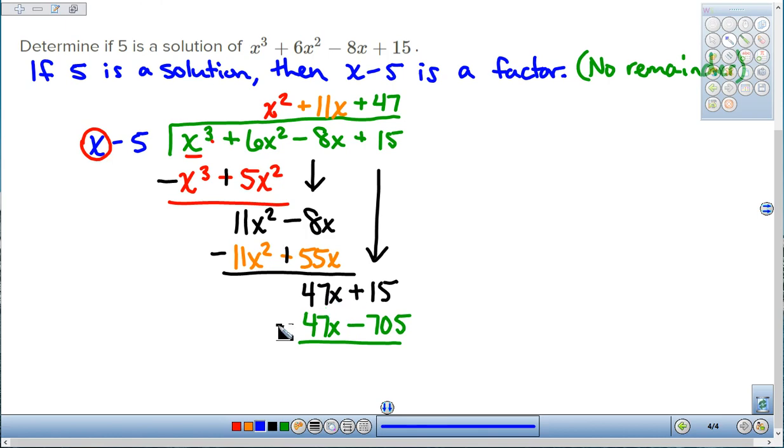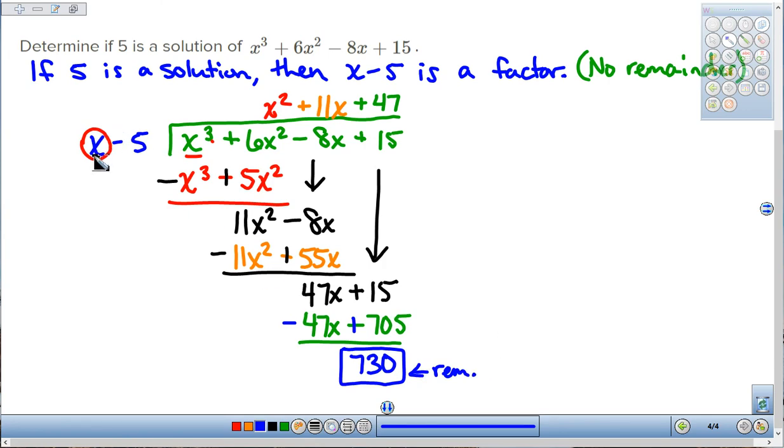And when I subtract, okay, changing my signs, this becomes 0, this becomes 730, which means my remainder exists. Okay, this is my remainder.